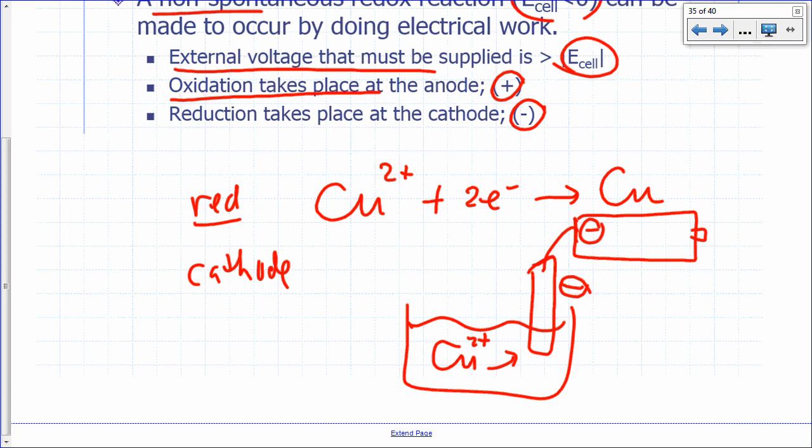The circuit's not complete here, but if you want your copper to be reduced, then it has to be at the negative terminal. So the negative terminal of your electrolytic cell is where the cathode is. It's where the reduction takes place, where it picks up the electron. So you have to have an external source of electrons, a voltage, to cause your electrolysis to work.